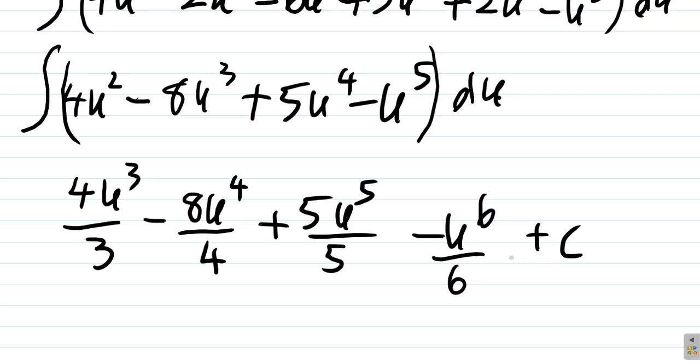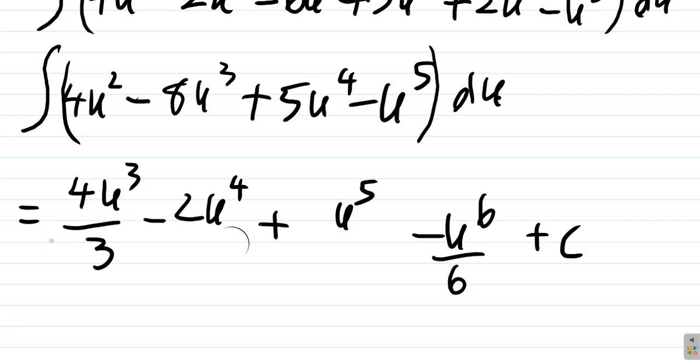Guess what? 4 can divide into 8 to get 2. So 4 into 4, 1. 4 into 8, 2. So we can put a 2 here. 5 will cancel 5, so we can get rid of that. So all of that is equal to that.